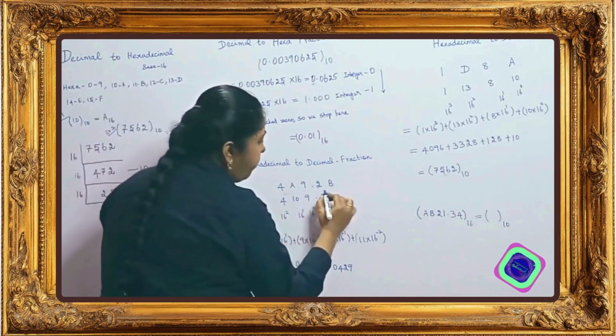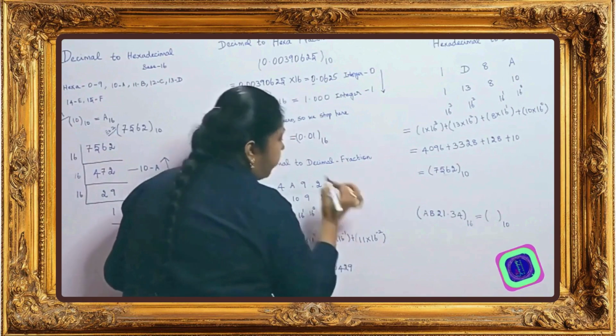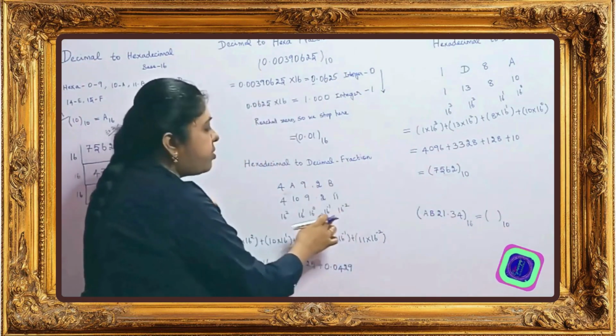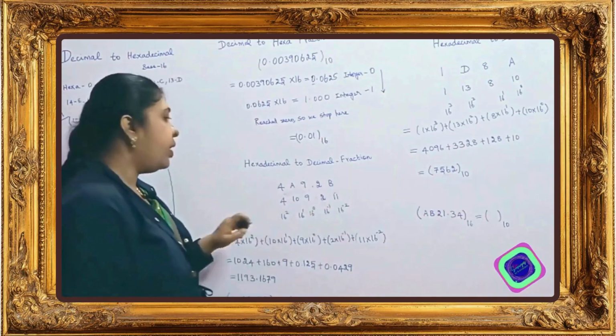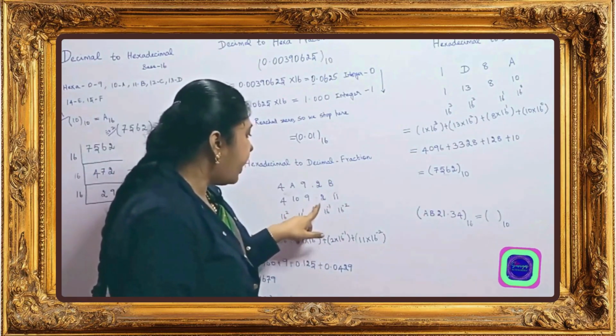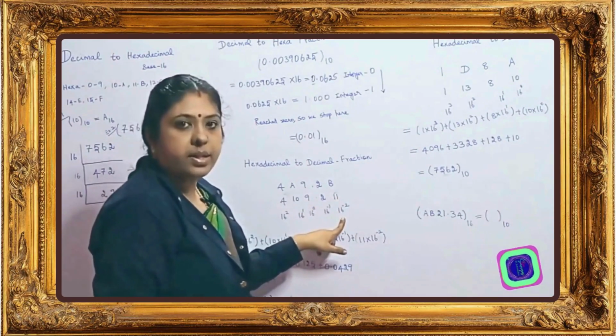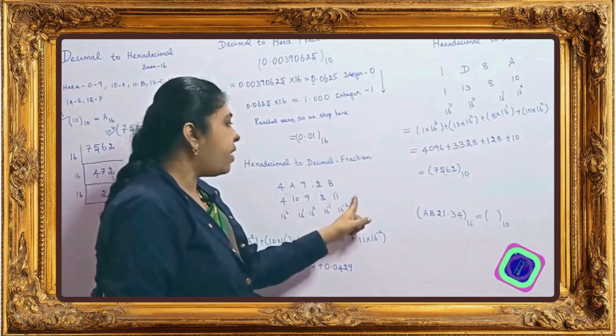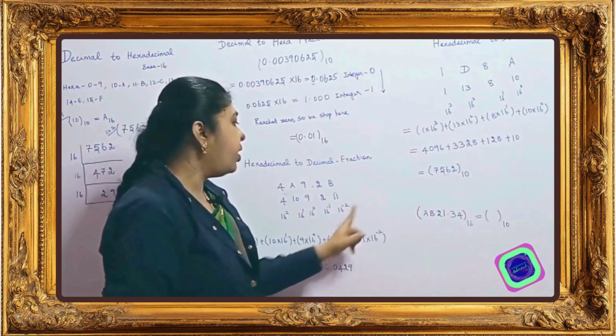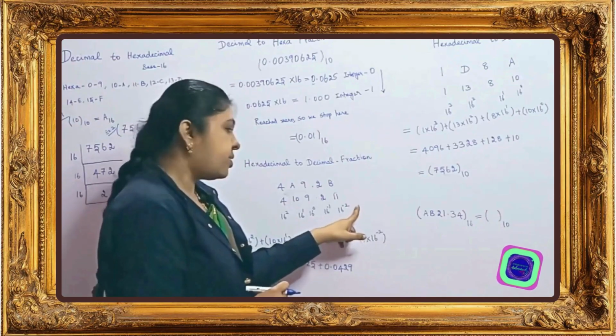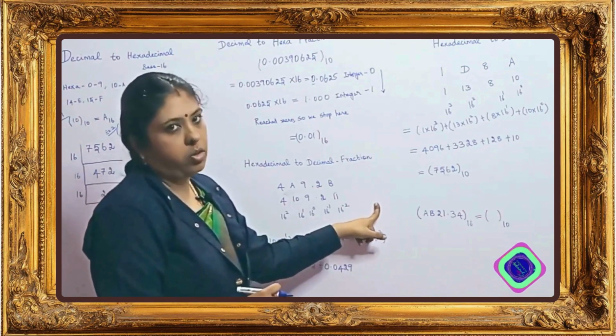The powers will decrease from the left to the right in terms of negative powers. That is, 2 is represented by 16 power minus 1 and 11 is represented by 16 power minus 2. Suppose we have some other digits here, the powers will continue as 16 power minus 3, minus 4 and so on.